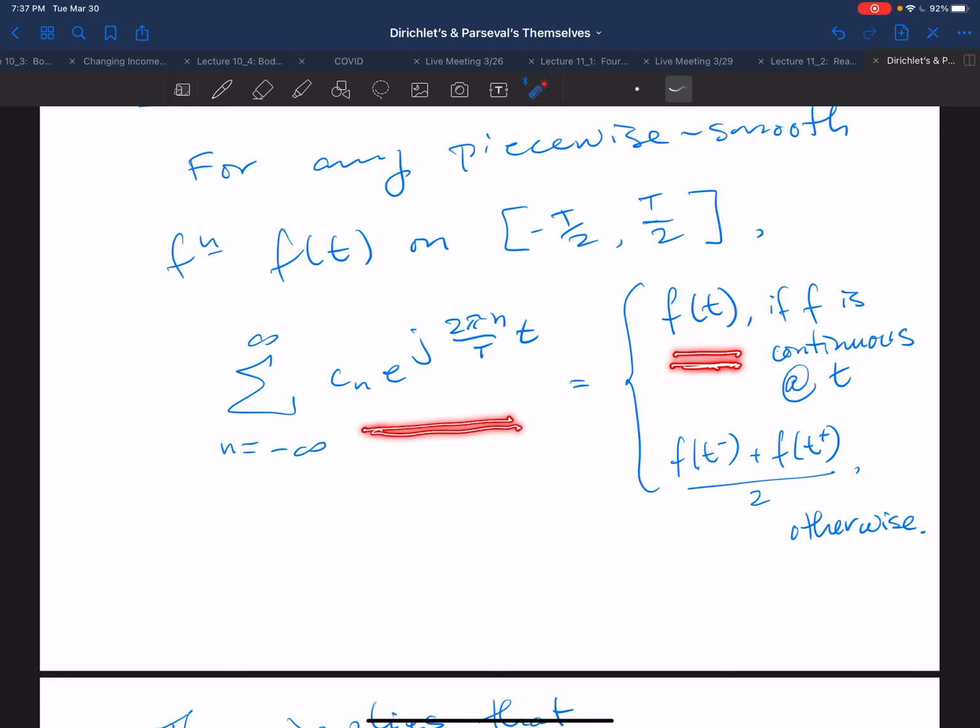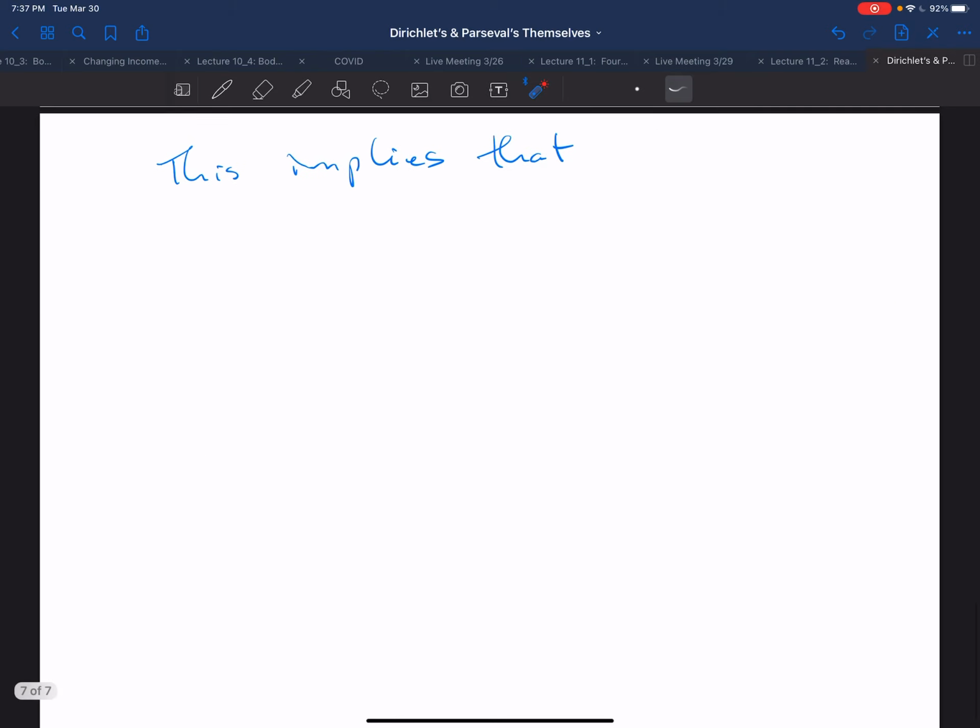Okay? So the power in our error function, we know, must converge to 0 as the size of our partial sum increases. So if we take the limit as n goes to infinity of the inner product of our error function with itself, that must equal 0.